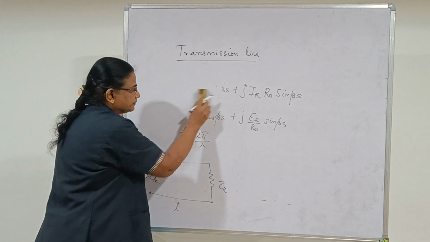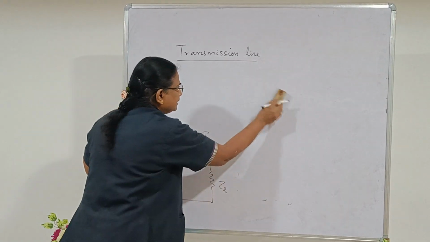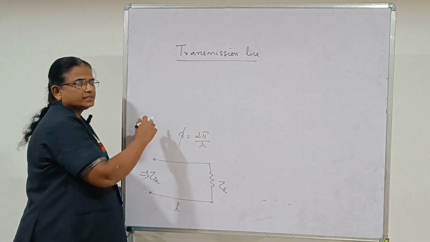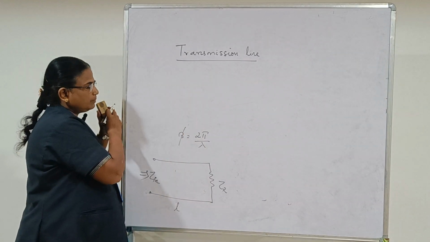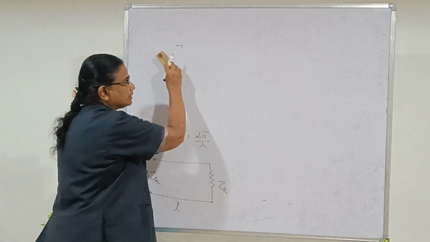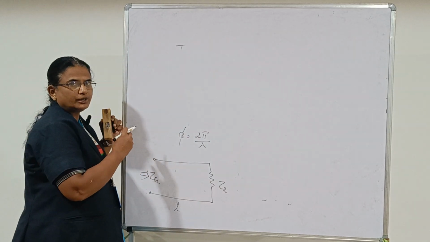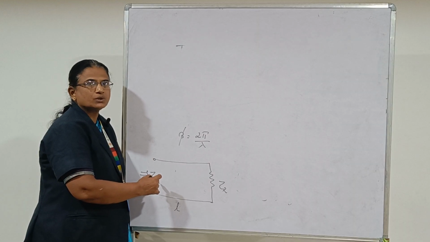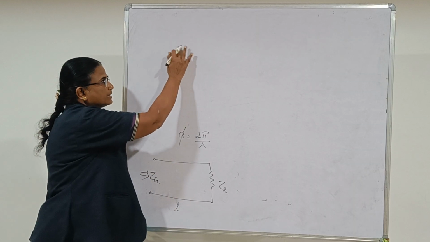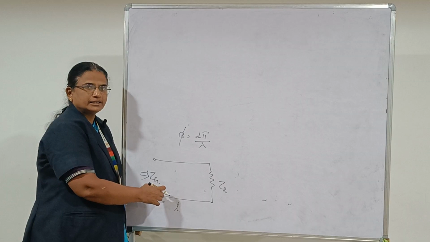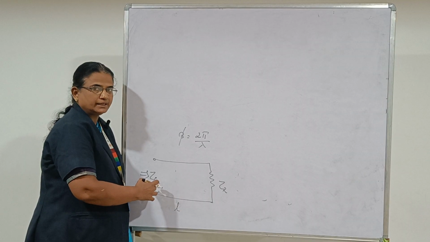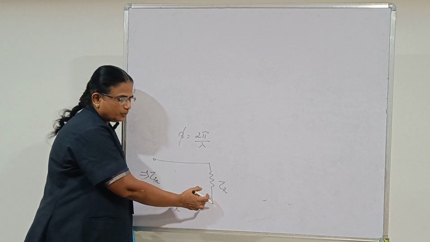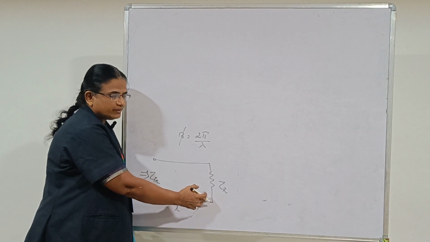Here, let us define the input impedance of this dissipationless line. Input impedance is nothing but the ratio of the input voltage to the input current. It is also known as the sending end impedance, because in transmission line theory, the input side is called the sending end and the output side is called the receiving end.